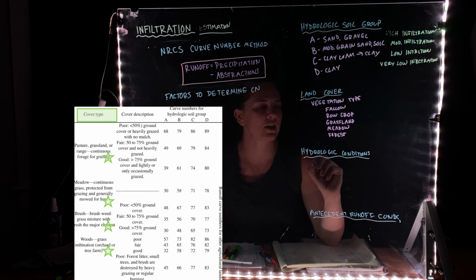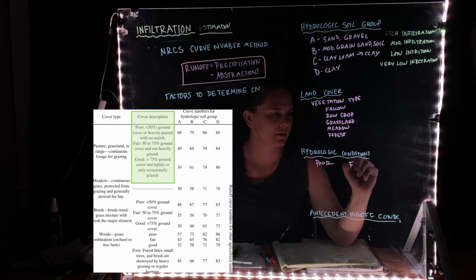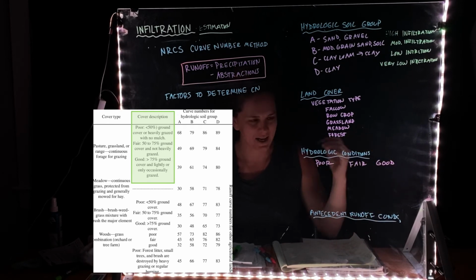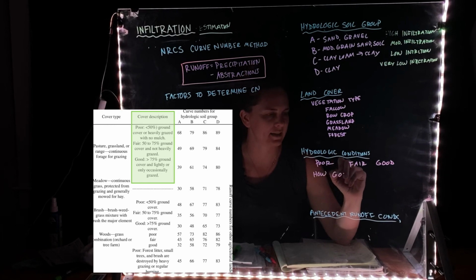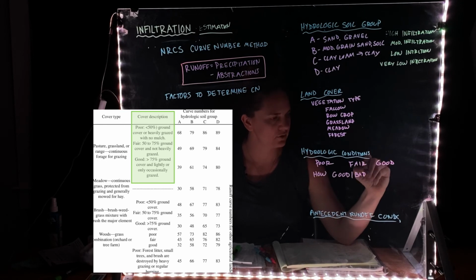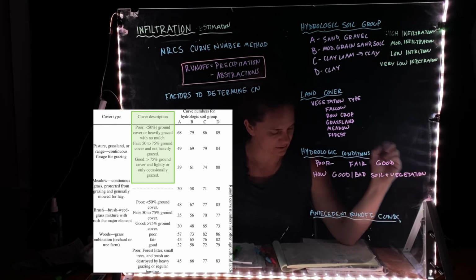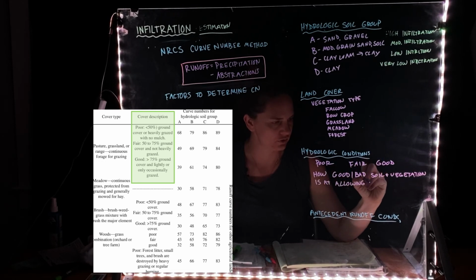Okay, hydrologic condition: poor, fair, or good. Okay, and this is an attempt to measure how good or bad the soil and vegetation combination in a particular watershed or area is at allowing infiltration.